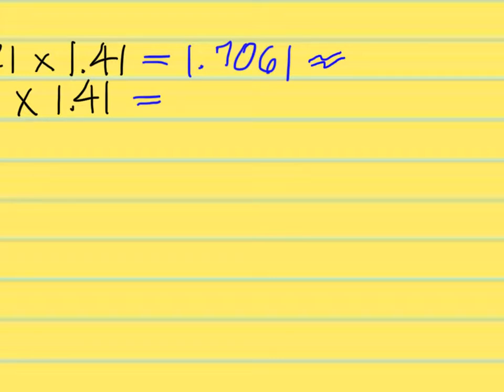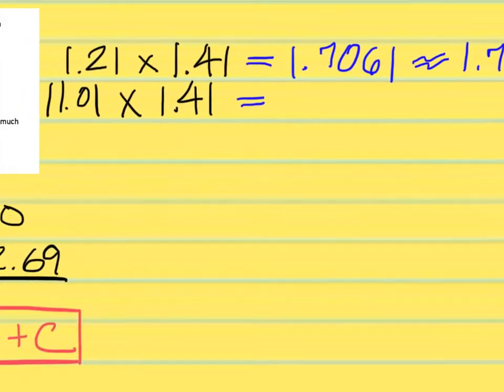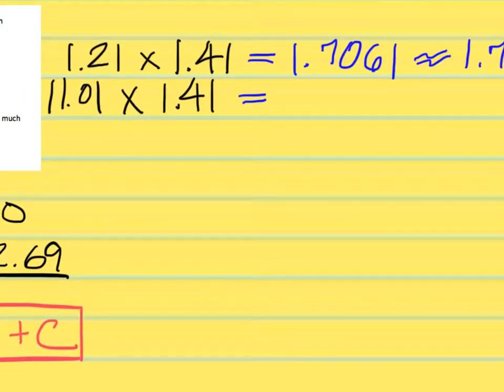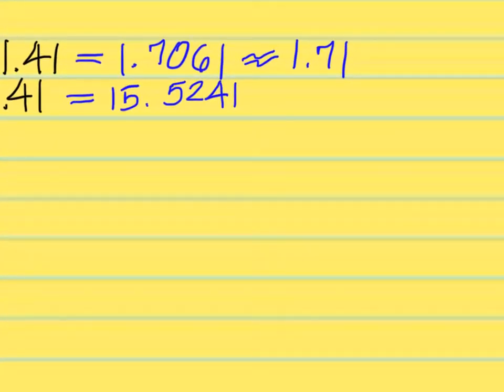If I round to the second decimal place, then what do I have? $1.71. And then for the other ticket price, 11.01 times 1.41. That gives me 15.5241. But I need to round that because it is money.